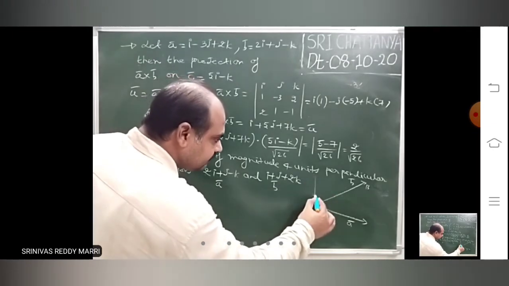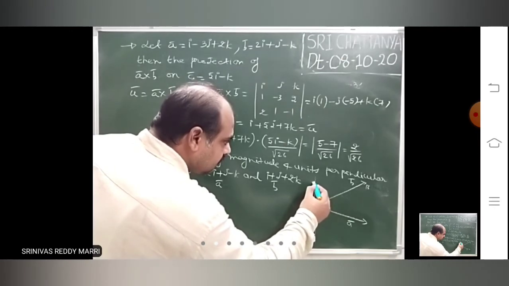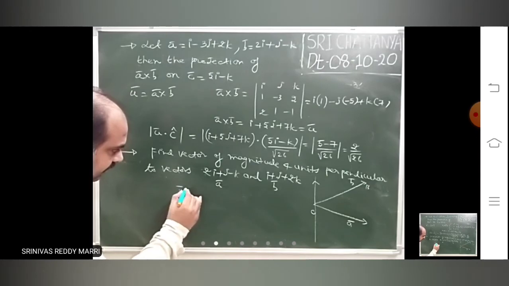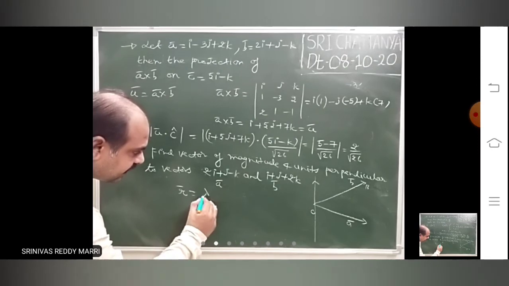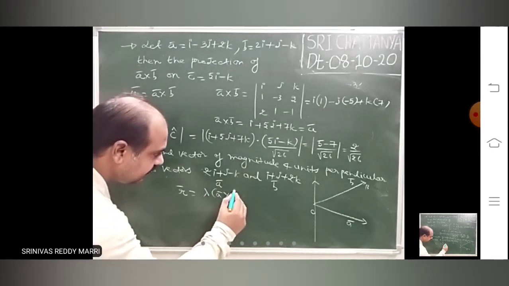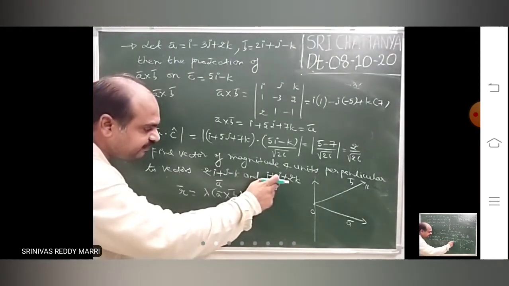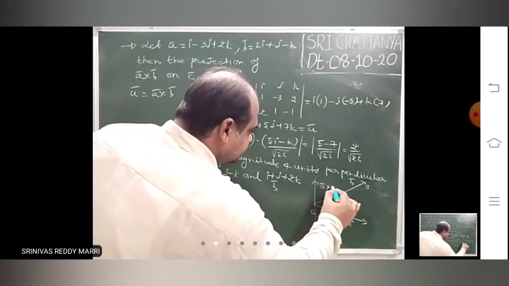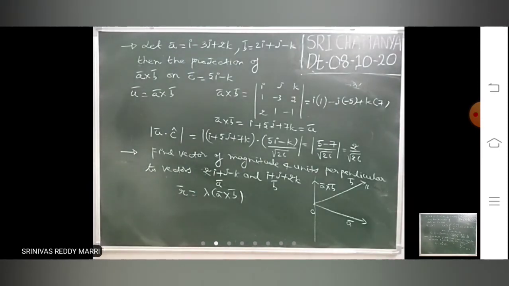Let the required vector be R bar, which is perpendicular to both A bar and B bar. Always take it in the form lambda into A bar cross B bar. Perpendicular to two vectors means that it will be collinear with A cross B, so the required vector will be of the form lambda into A cross B.